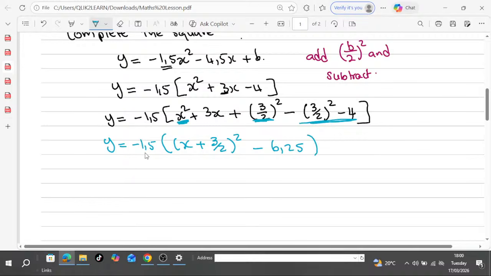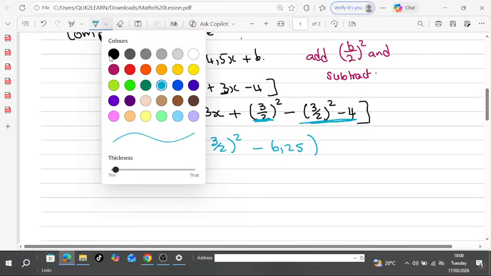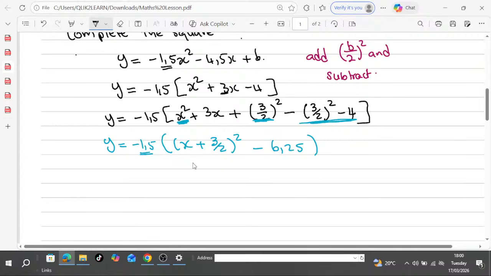Please don't forget to multiply out the bracket with that minus 1.5. So y is equal to minus 1.5 into x plus 3 over 2 squared. Then we take this, multiplied with that gives us positive.